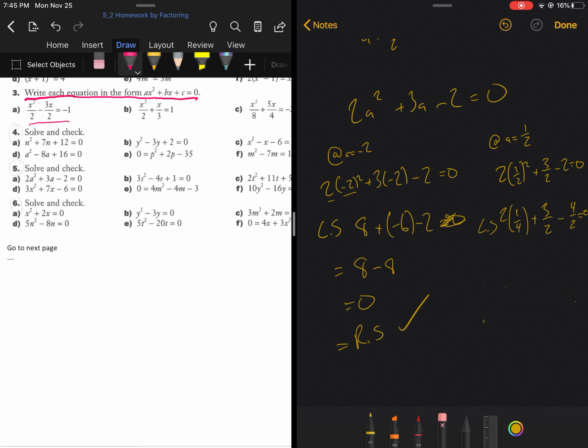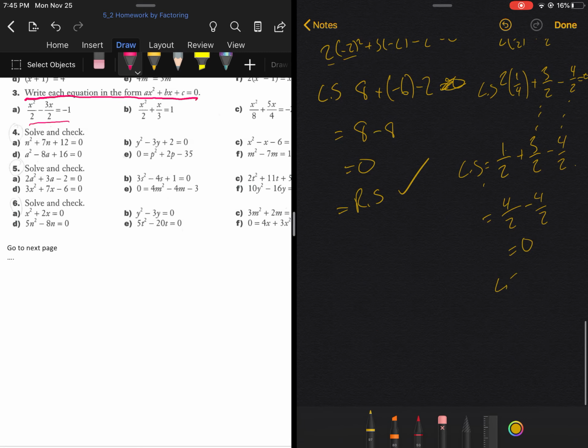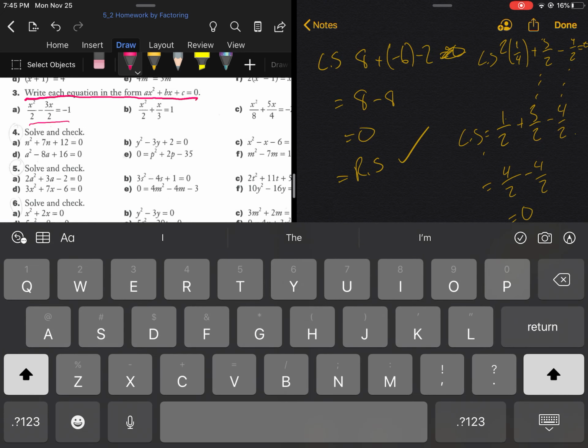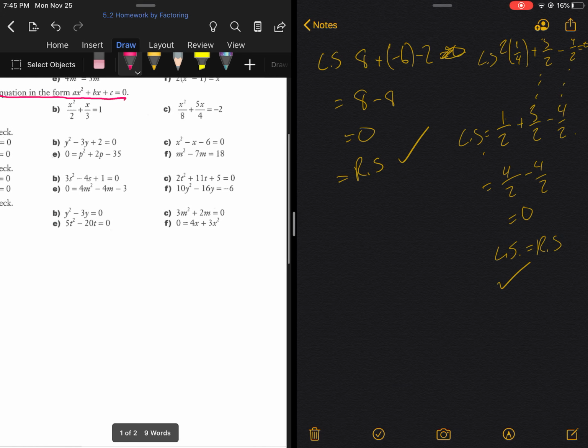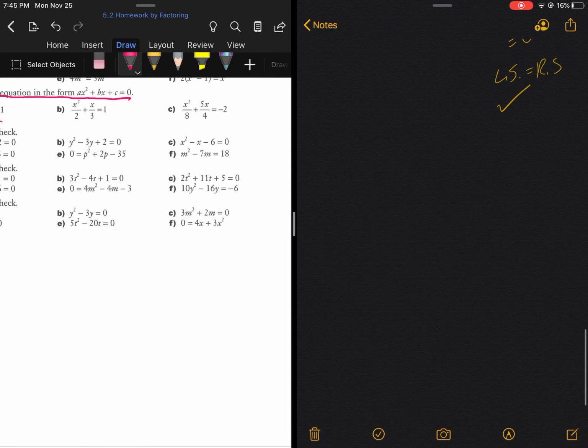Let's redo this, it should be more clean. Left side: 2 times a quarter is a half, plus 3 over 2, minus 4 over 2. Half is, 3 plus 1 is 4 over 2, minus 4 over 2, which is equal to 0. So left side equals right side. There, we're good. That was for A.